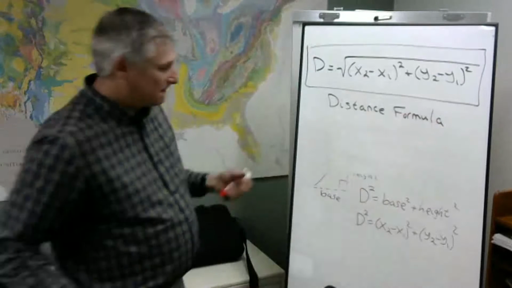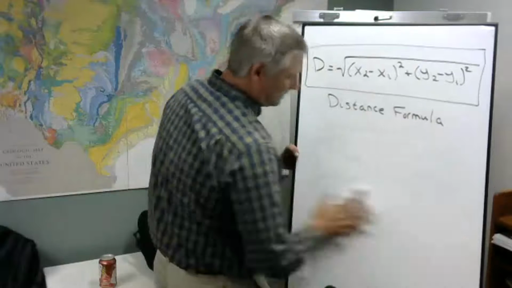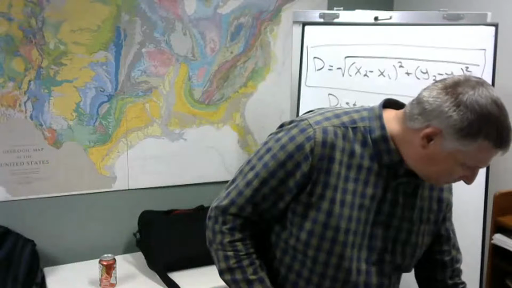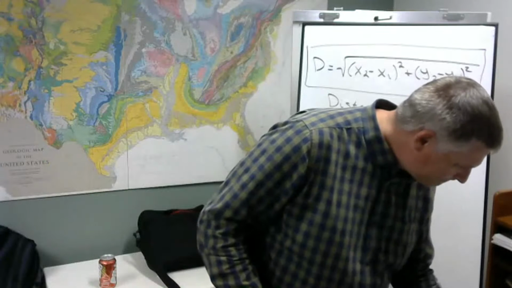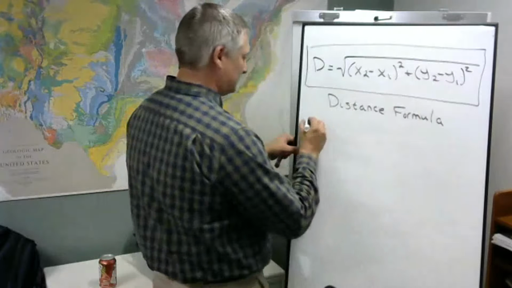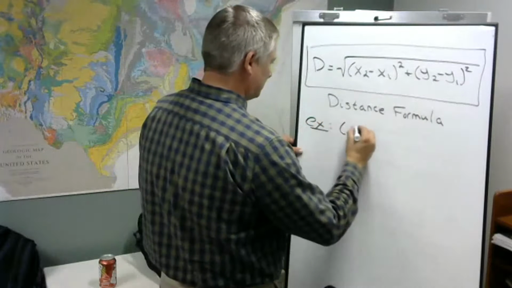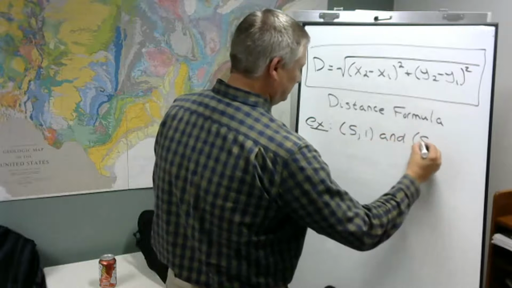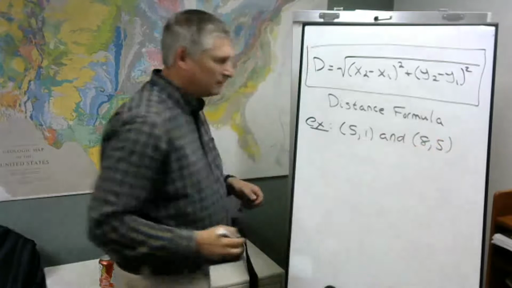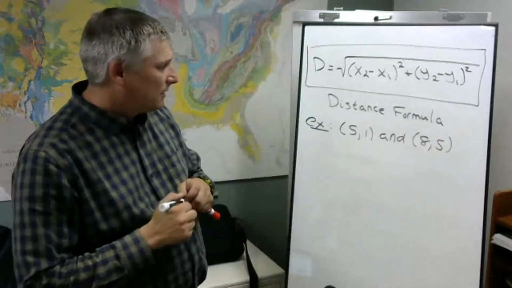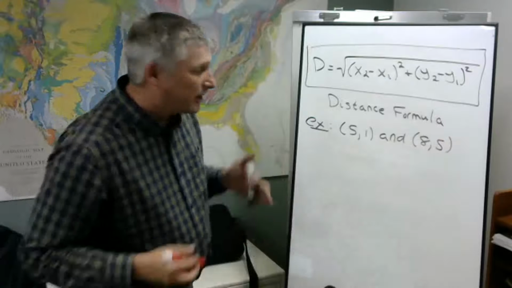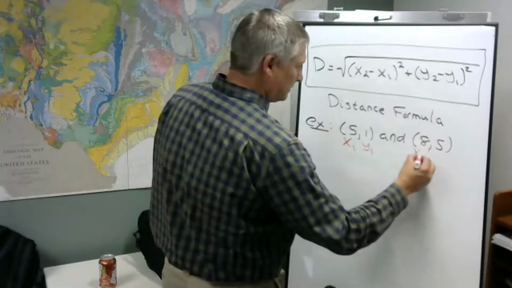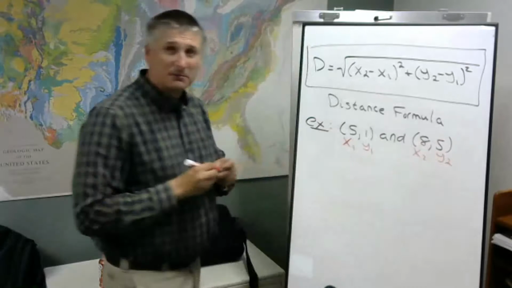And, well, let's put it to use. So let's say we have a couple points here. Let's see. Five and 1 and 8 and 5. Well, we're just going to plug these into the distance formula. Now, I recommend labeling the coordinates. Here's our first point. And there's our second point.